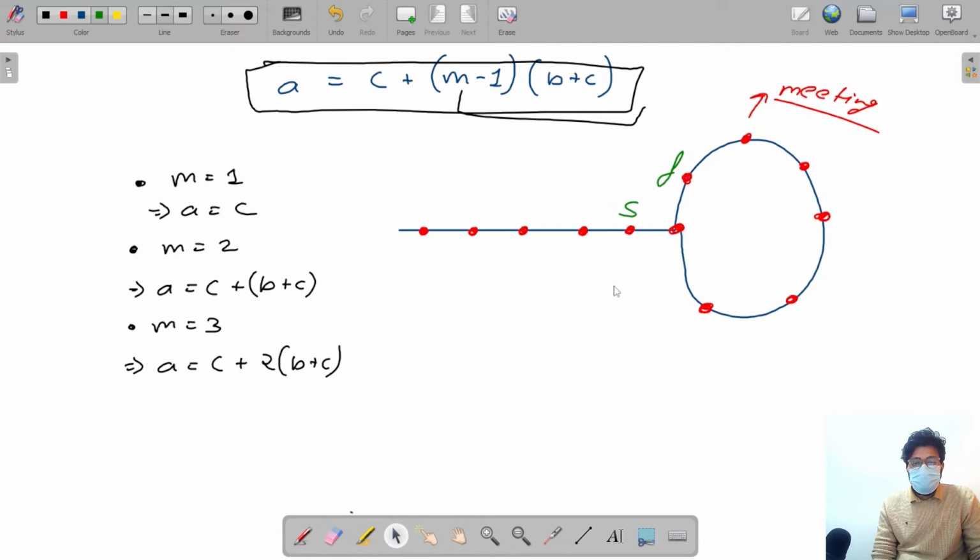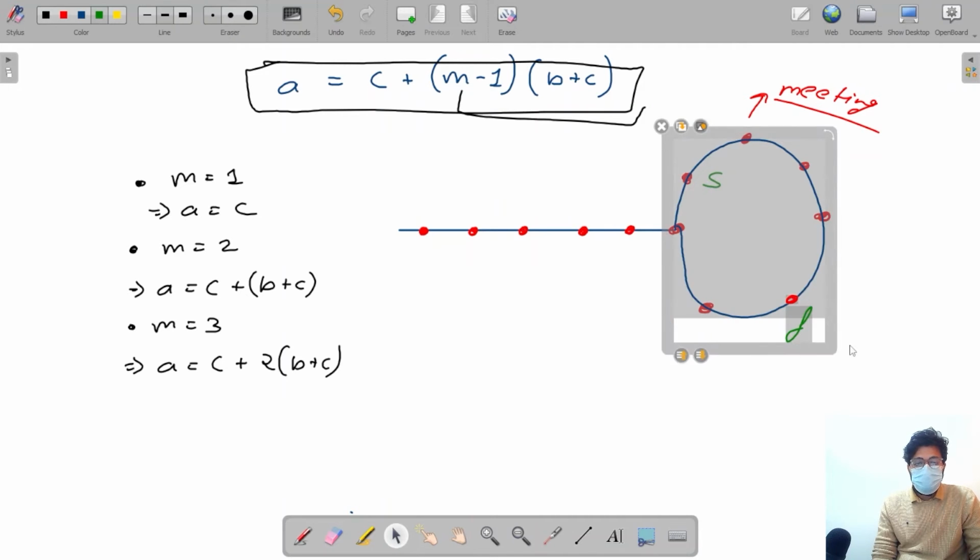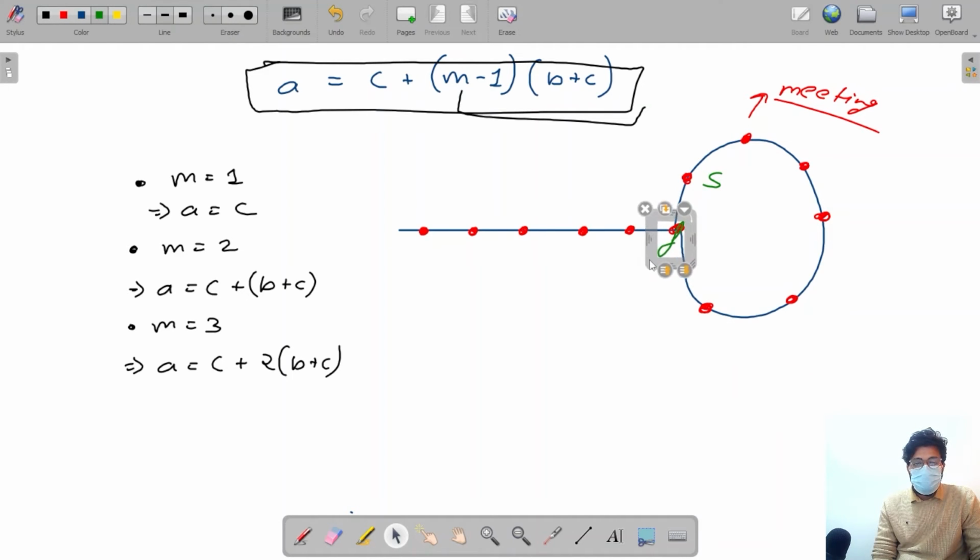Again S moves once, F moves 2 times. Again S moves once, F moves 2 times. Again S moves to this point. Now I get to my meeting point.